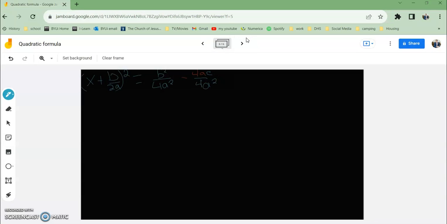Let's now put that in action. So now we have b squared minus 4ac. Oh, and now they have a common denominator. We could just say this is 4a squared. That's still equal to x plus b over 2a, all that squared.